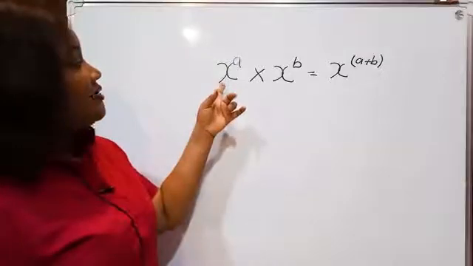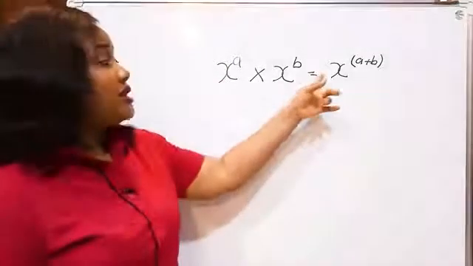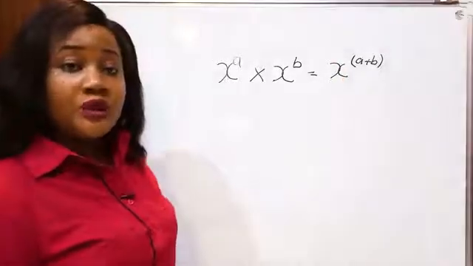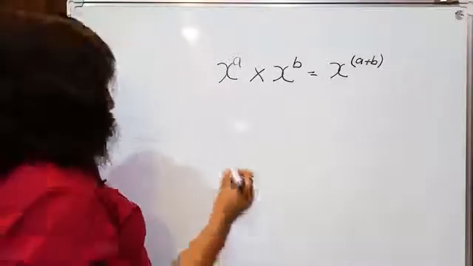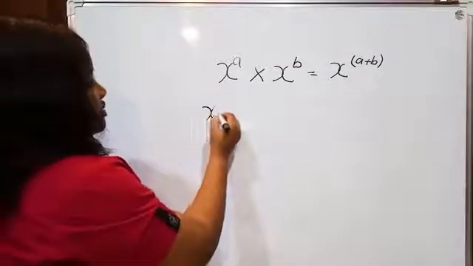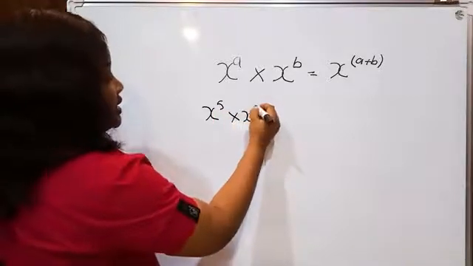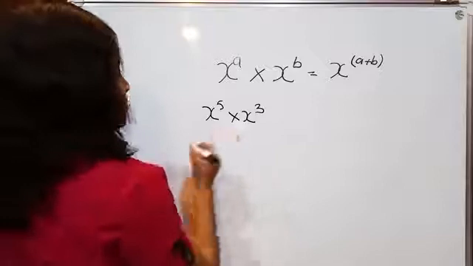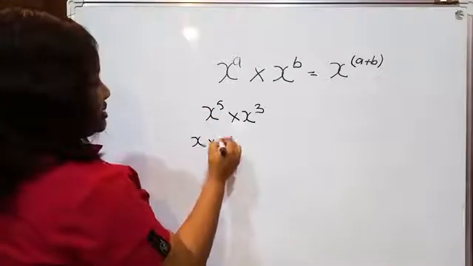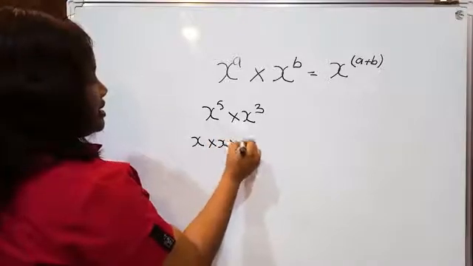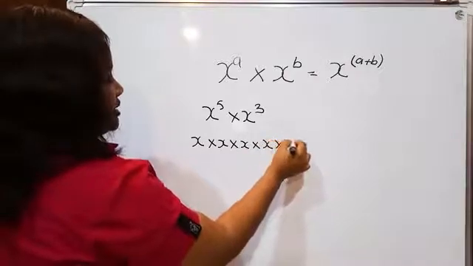You have x raised to power a times x raised to power b equals x raised to power a plus b. Let's take an illustration. Let's say you have x raised to power 5 times x raised to power 3. X raised to power 5 is x times x times x times x times x.